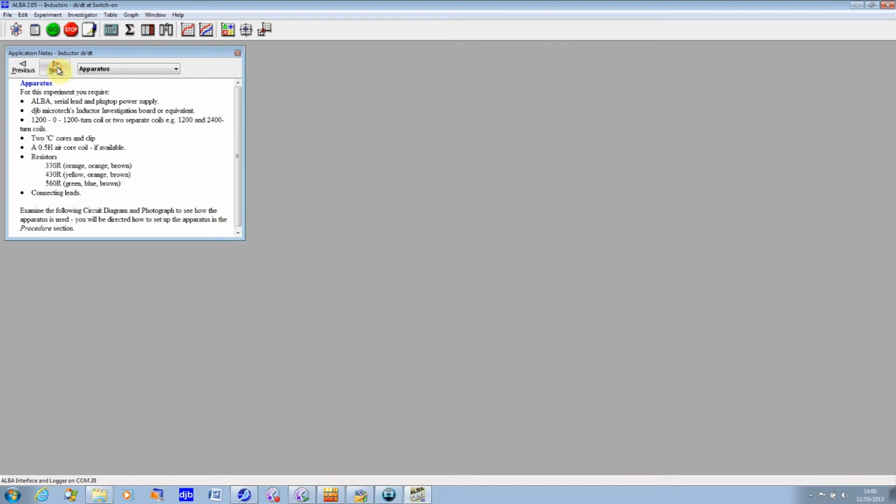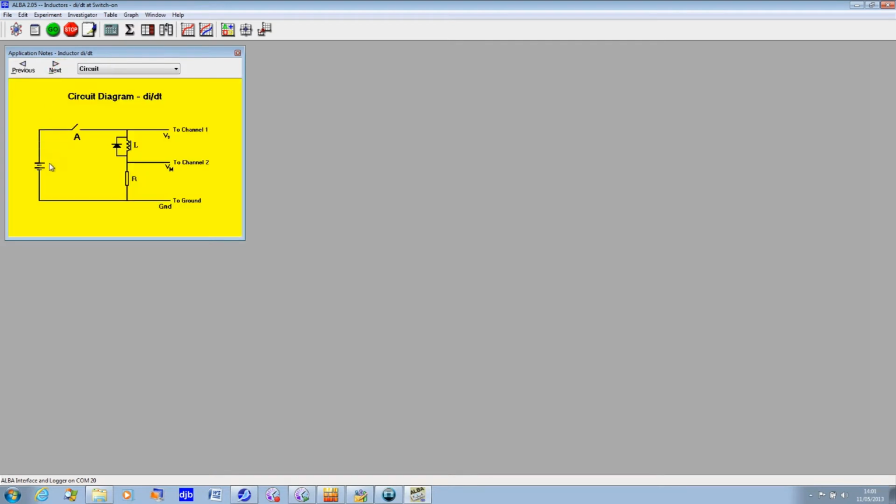We can go through, and there's our circuit diagram. This is what you saw on the board. We measure the voltage across here. Knowing the value of the resistance, we calculate the current. Subtract this voltage from the voltage of the top rail to ground, and we're left with the voltage across the inductor.